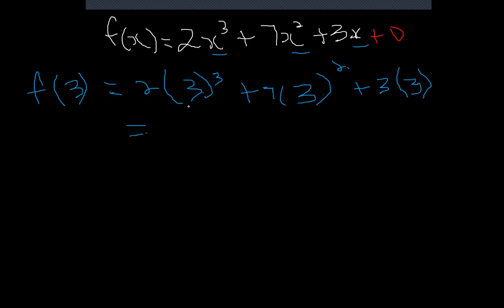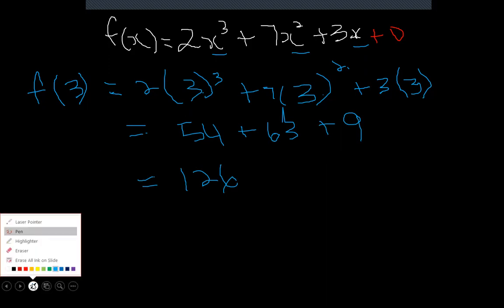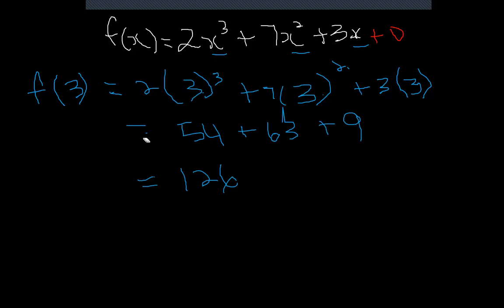That's 27. 27 times 2 is 54. 63 plus 9. So that's 126. Let me just double check that. Yes, 126. That's obviously not 0. What does that mean? This is not a factor.